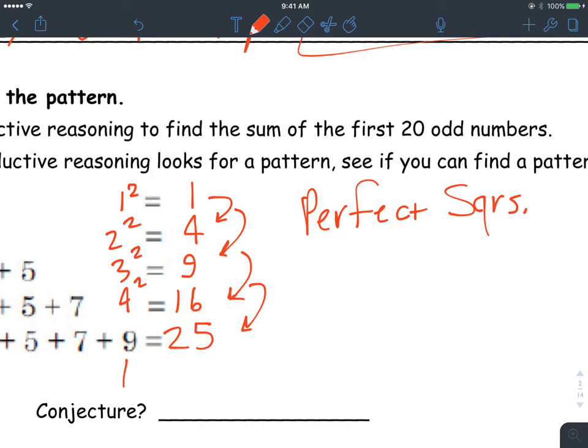So I guess the next one might need to be 6 squared. You could get 36. And we can also get that by adding the next odd number. So what is that, 11? 11 plus 25 definitely gets you 36. So I think this works out here.